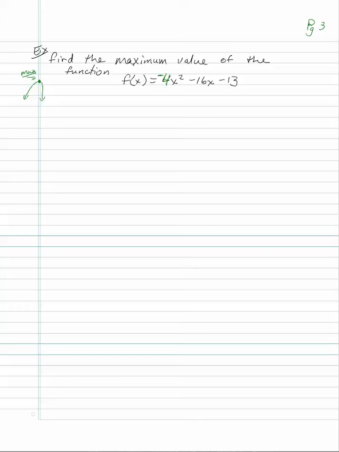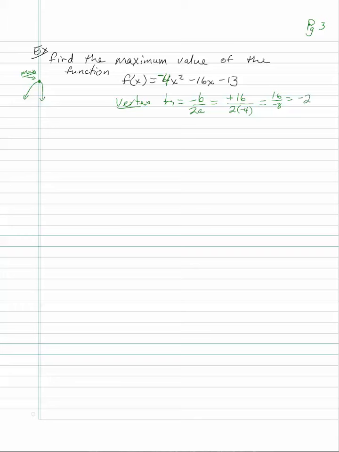So first, let's figure out the vertex. The h coordinate is minus b over 2a, which is minus a negative 16, so it's positive 16, over 2 times negative 4, which is 16 over negative 8, which is negative 2.